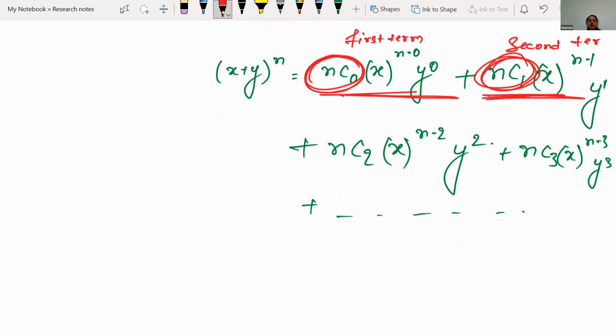After that, we will be able to write it. Once you are writing nC0, even if you don't know anything, you will be saying first, whatever is the first term, be it x, be it y, be it a, that is power n minus 0, and whatever is the second term, if it is y, minus 1, whatever is there, that to the power only 0, right?